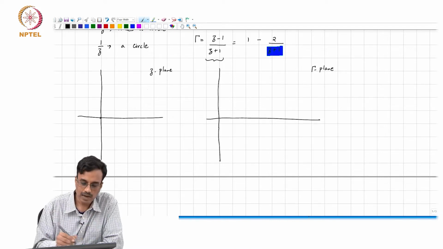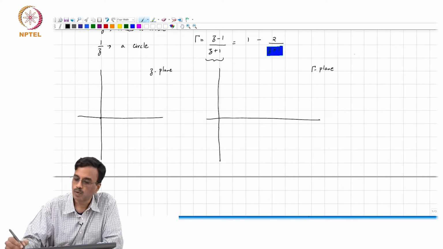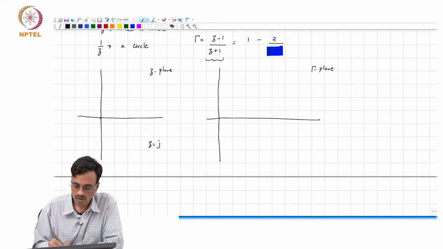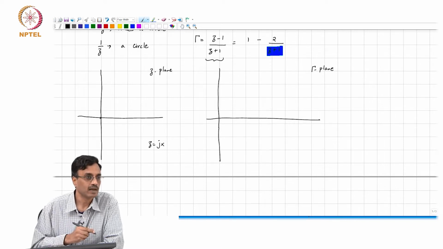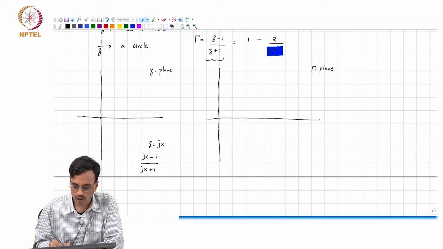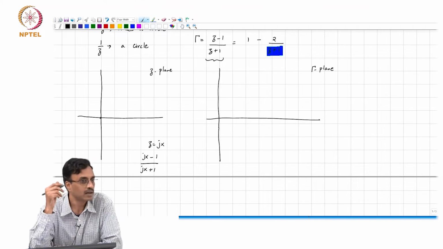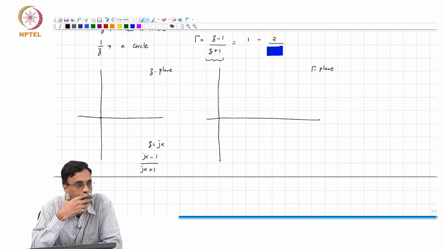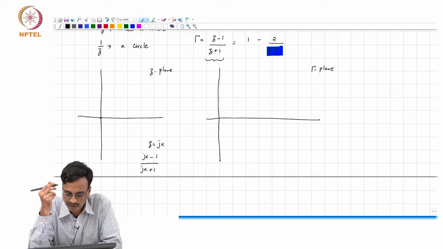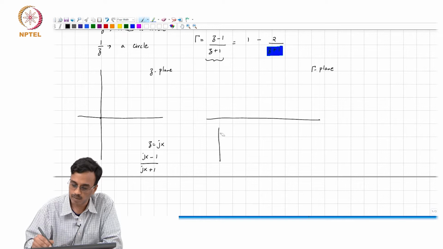Basically that corresponds to z equal to some jx, and gamma therefore is nothing but (jx minus 1) by (jx plus 1), where x goes all the way from minus infinity to infinity. So how will this look? Well, when x is 0, where are we? Oh, well, we are at minus 1.